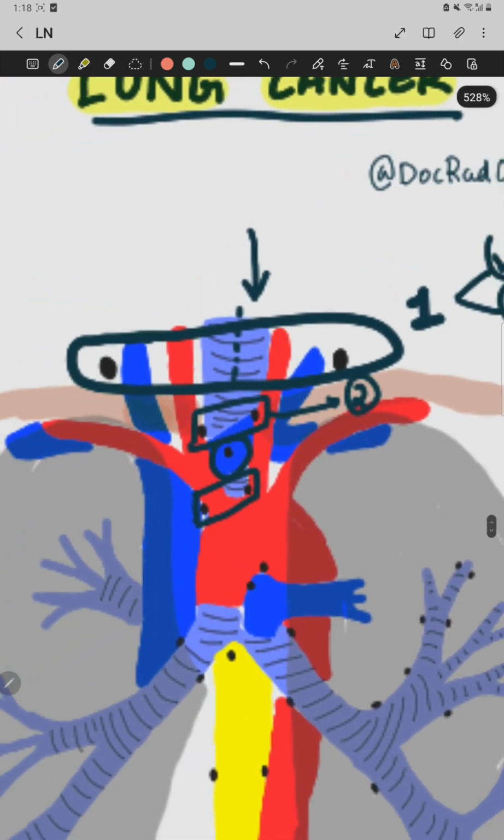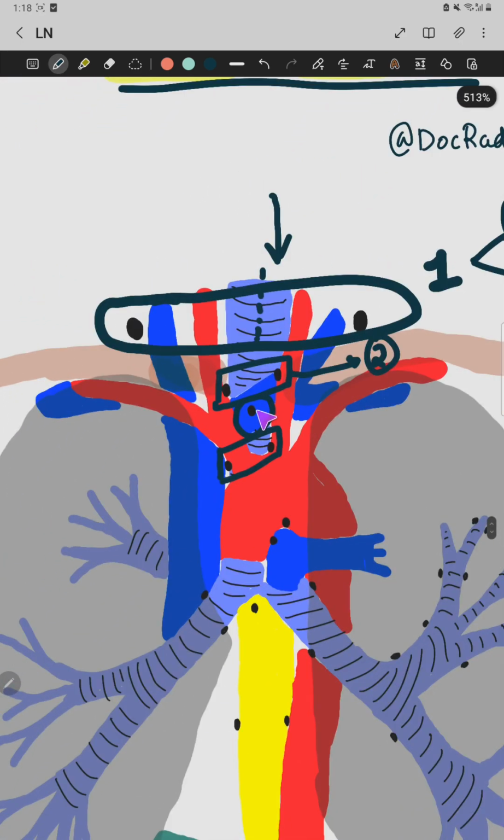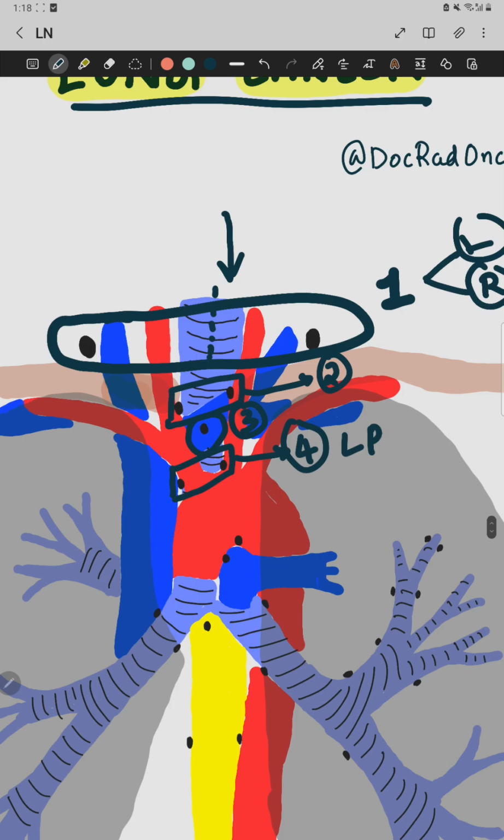So the third station is divided into 3A and 3P. Now this one is 4. This is 3 and this one is 4. 4 is lower paratracheal. This is upper paratracheal.